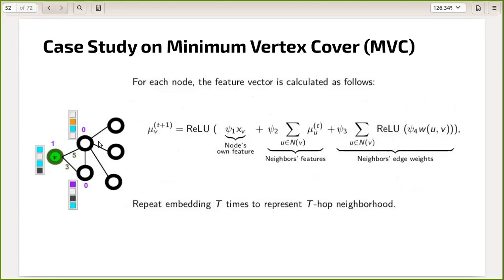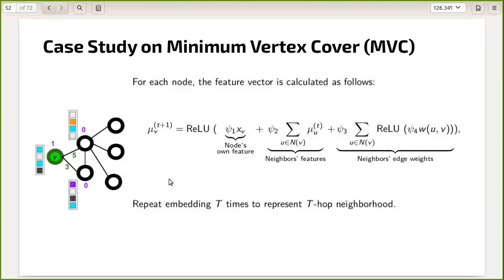For example, this node will get information from this node and this node. Say this node is selected as the MVC, and this node is not selected, so its tag is 0. The edge weights are 5 and 3, so we just combine them together.